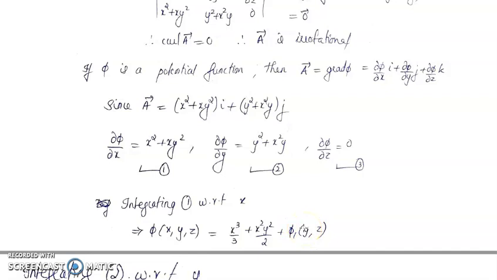Here the speciality of C is that C can be a function of y and z. A function of y and z will be considered as a constant with respect to x.